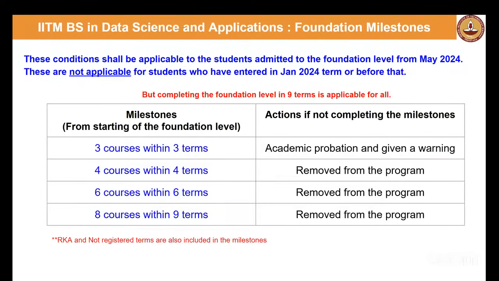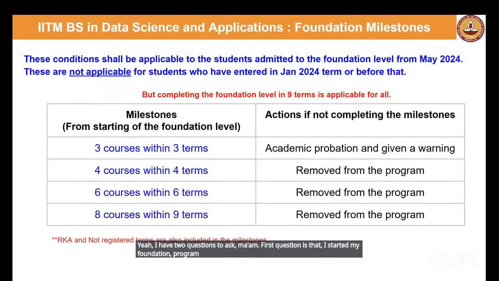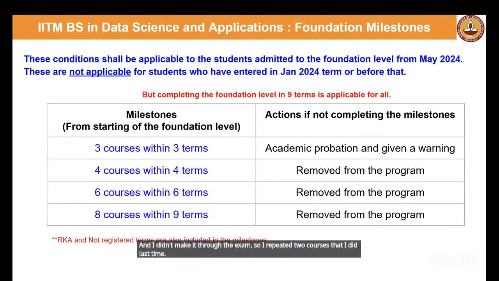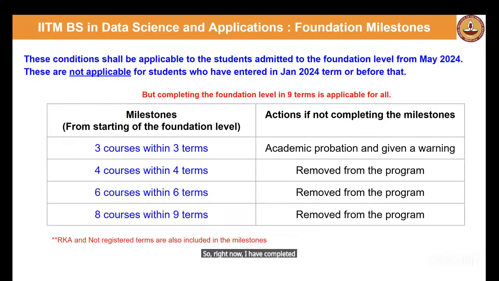Good morning, ma'am. I have two questions. First, I started my foundation program last August, in the August September term. I didn't make it through the exam, so I repeated two courses. Right now I have completed two terms. In the upcoming terms, within 6 terms I have to complete six courses to keep the courses going, right?